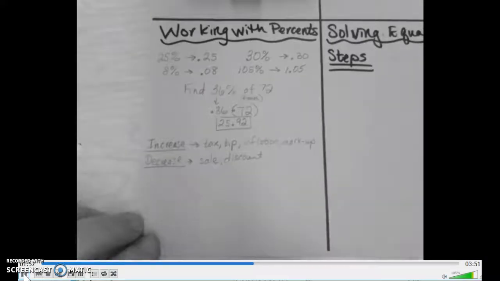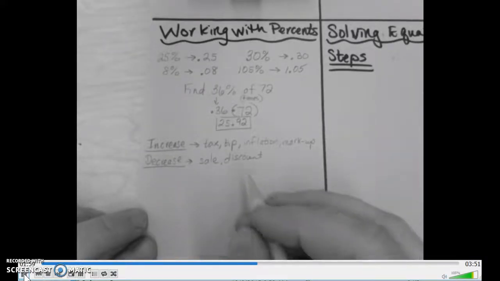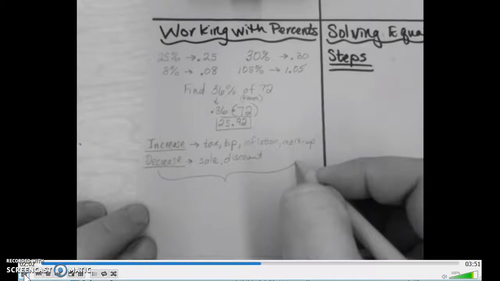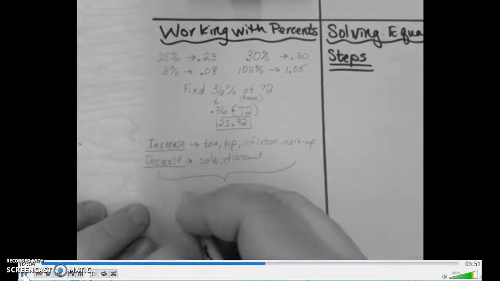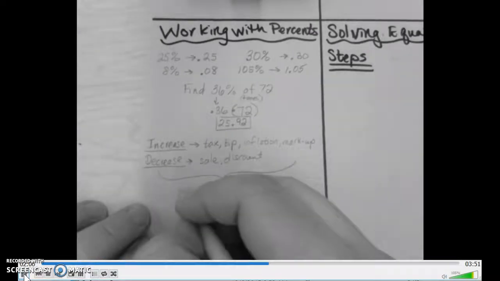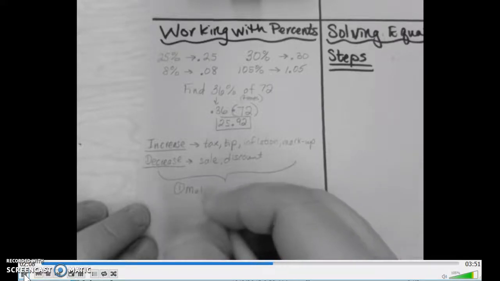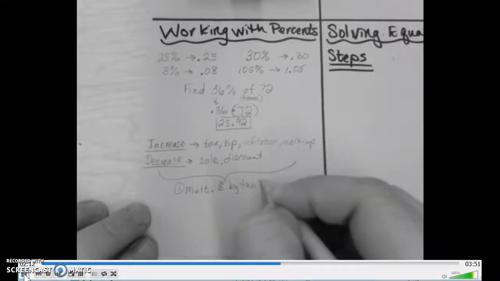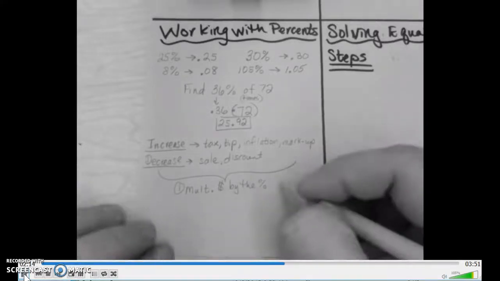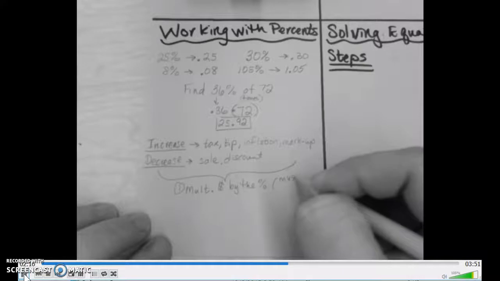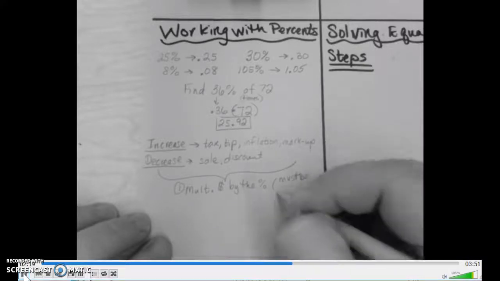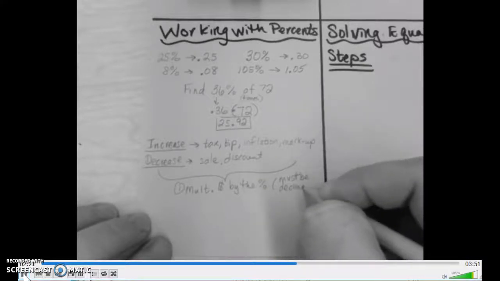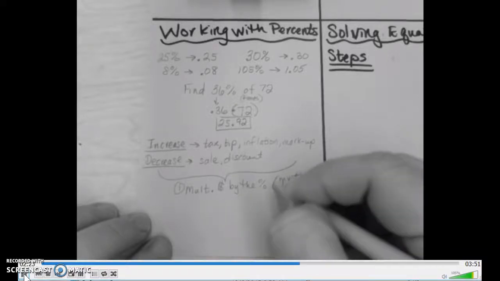One thing to remember about increase and decrease, for both of them, is that you must multiply the dollar amount by the percent. That's the first step. Multiply the dollar amount by the percent, but make sure that your percent is written as a decimal. So you have to do what we did above and write it as a decimal.